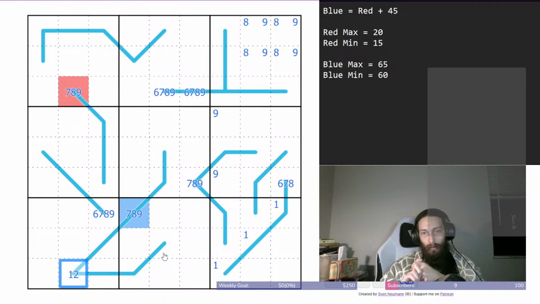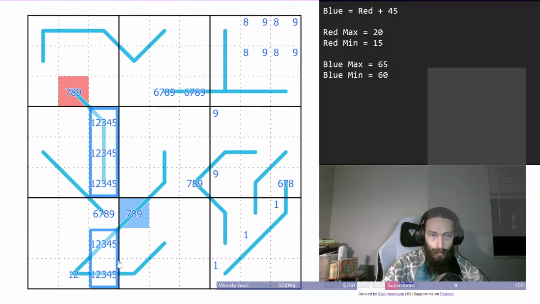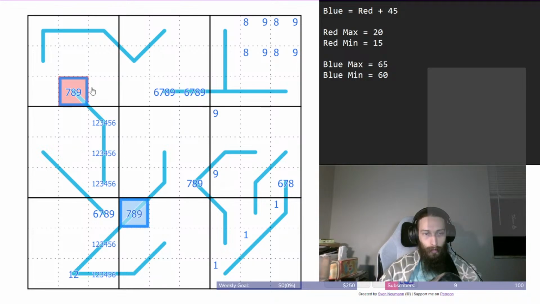But with that, knowing that it's 16 or 17 total, this is either 15 or 16, which means the largest possible digit is a 6. Because we know that these two are different.